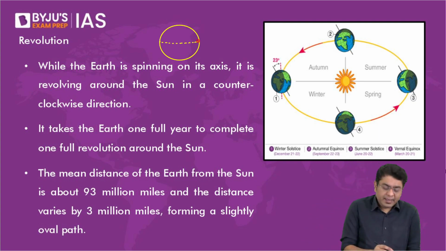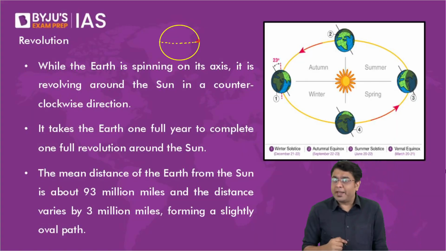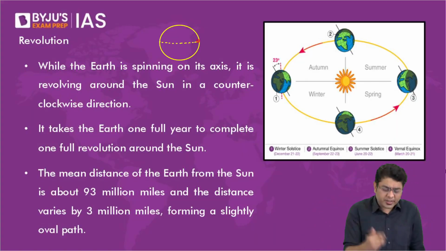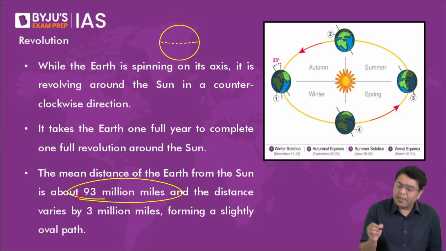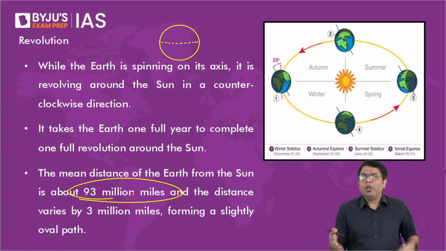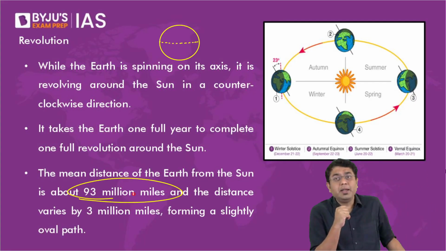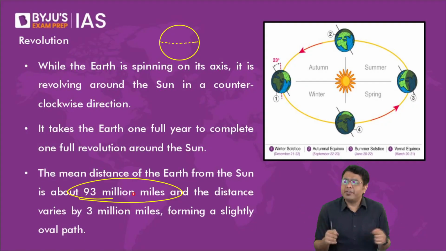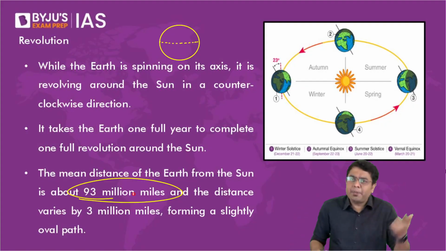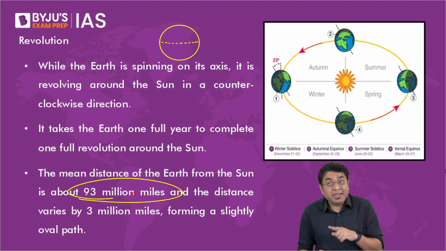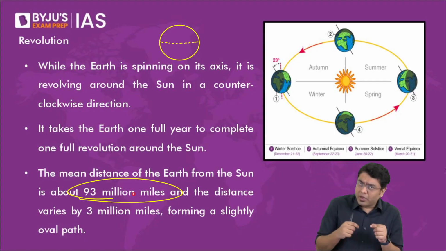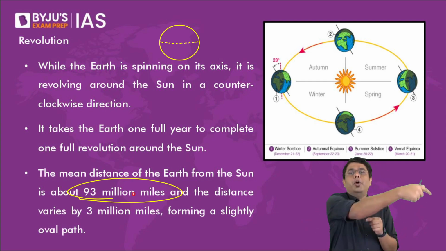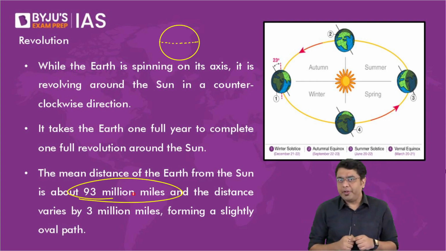So basically, when we talk about Earth's movement around the sun, the average distance is around 93 million miles, close to around 147 to 150 million kilometers between the Earth and the sun. It is not consistent because it is an elliptical orbit. That means at one point of time in the year, the Earth gets closer to the sun, and at another it will get farther away from the sun.